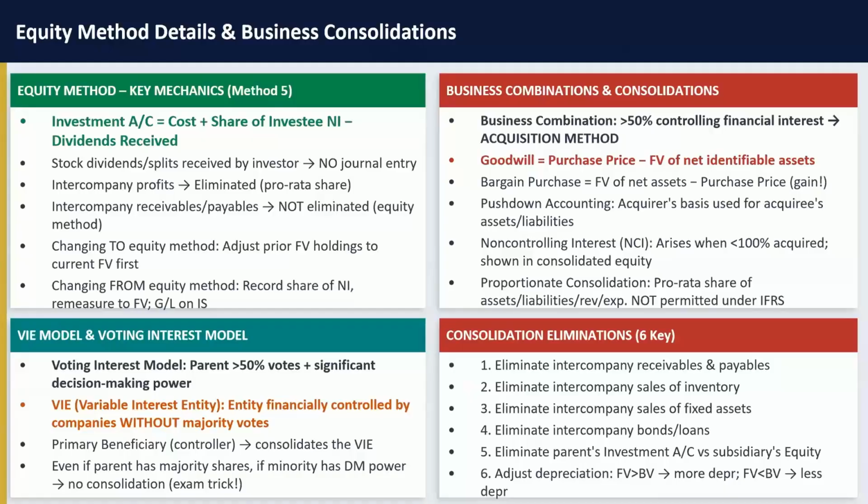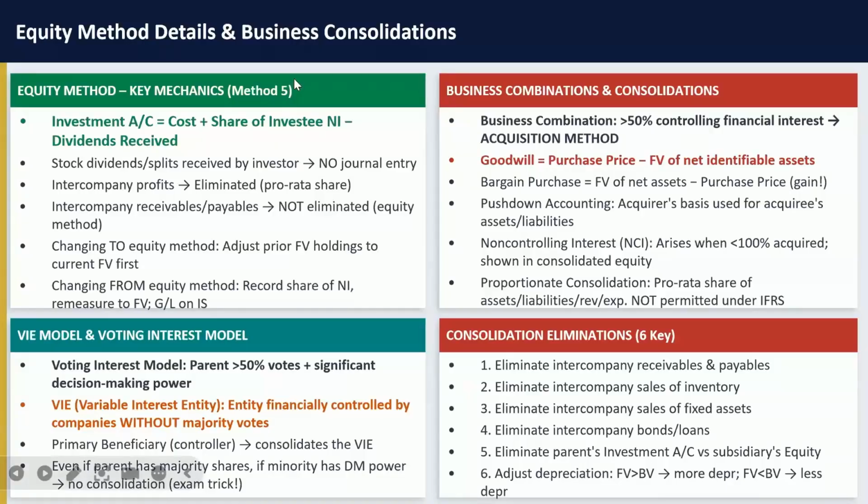That is why without significant decision-making power, consolidation never happens. And in questions also, if they tell you more than 50% of shares you are having, but decision-making authority you don't have, at that time, will you consider it for consolidation? Yes or no?